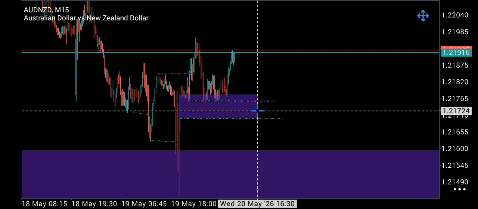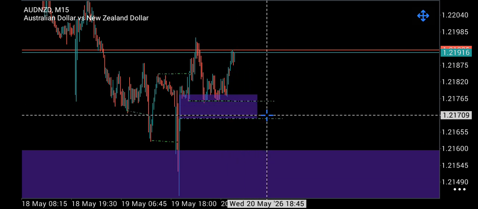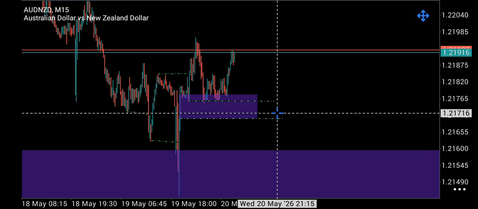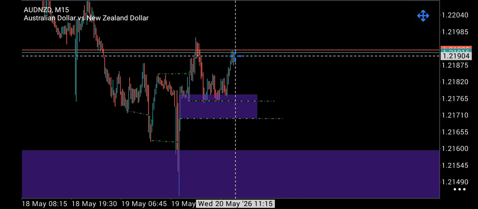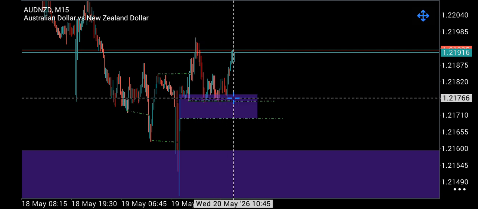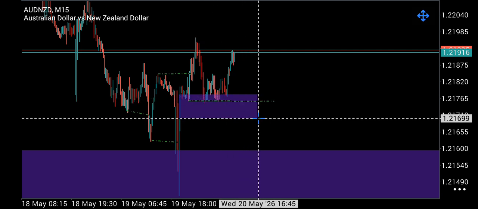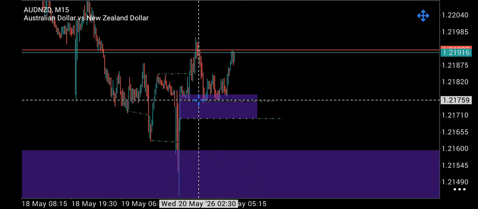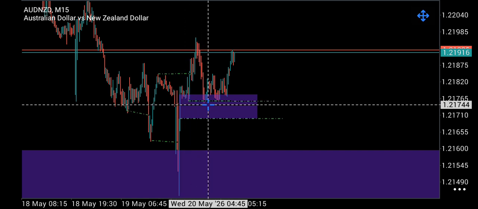This week I don't want to make a mistake like last week where I got stopped out, then price went in my direction. So I just want the market to come back, take out liquidity below this low, then mitigate this zone, hence completely filling back this imbalance.